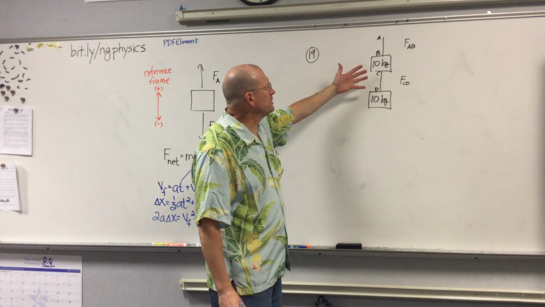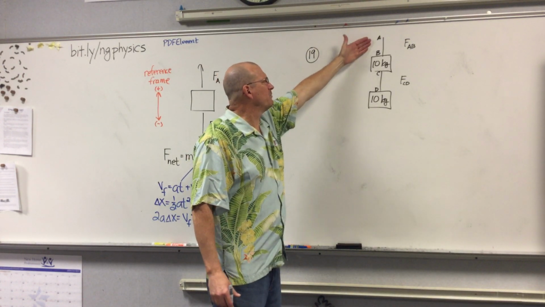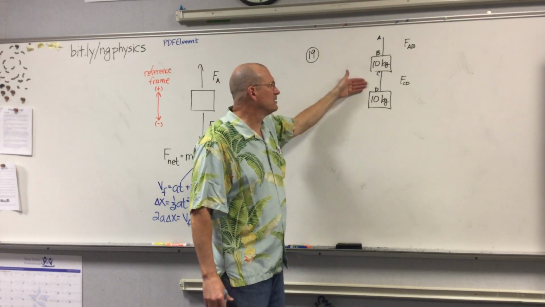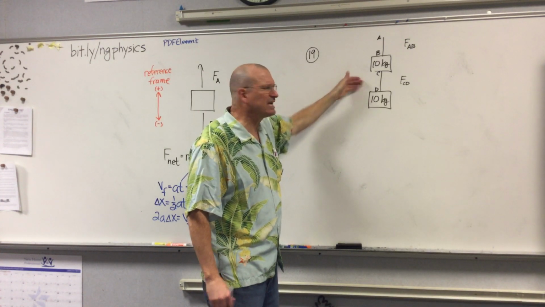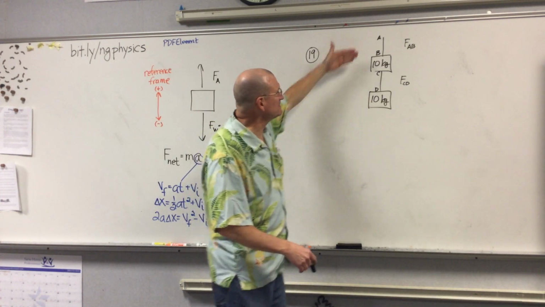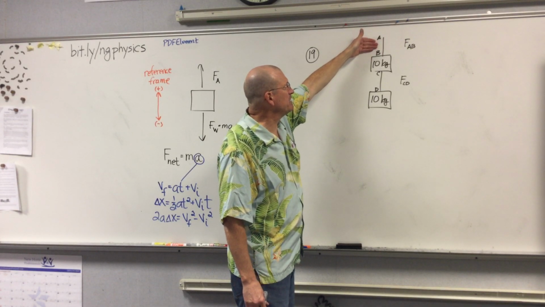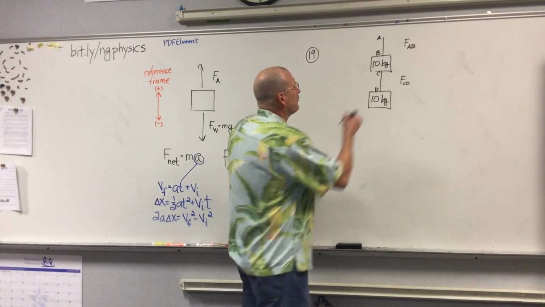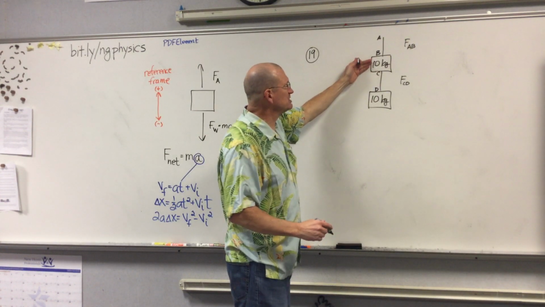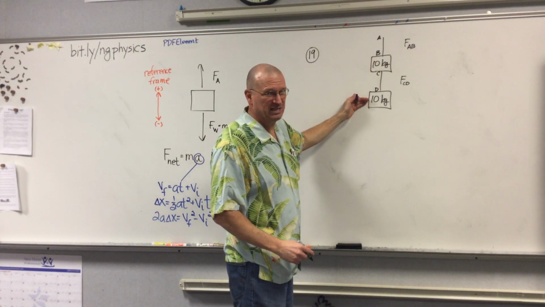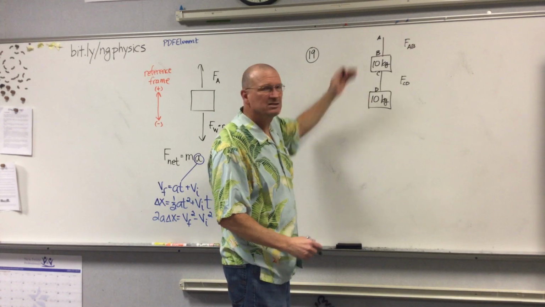So first of all, some people would ask, why would the amount of force be different in the AB and the CD segments? And the answer to that is, if you pretend that you are this segment AB, you are responsible for not just 10 kilograms, but an additional 10 kilograms of mass to lift up.